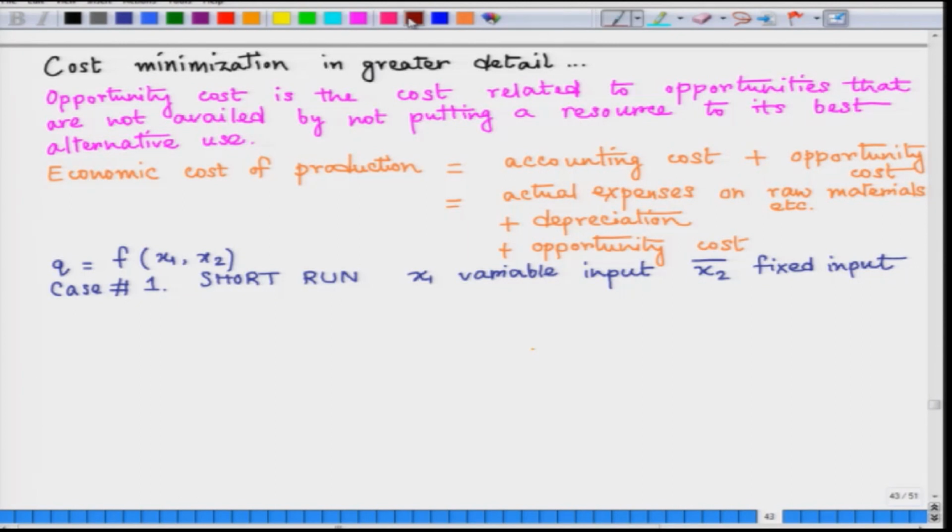So, the cost minimization problem now would look like, so this is the objective function, as x1 is the only variable input, we have to optimize this with respect to only one decision variable, but wait, there is a constraint also, right, and that is basically the output level that the firm wants to produce.